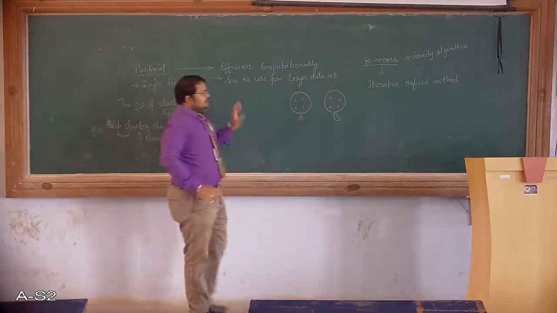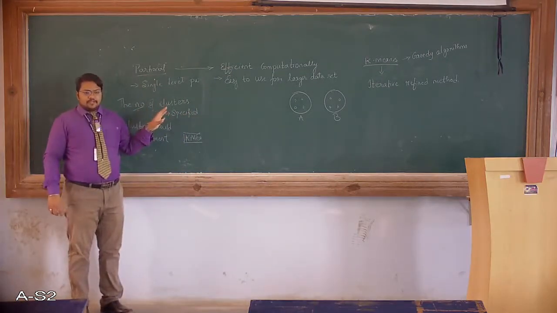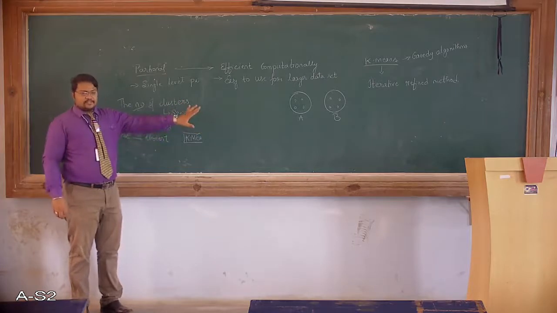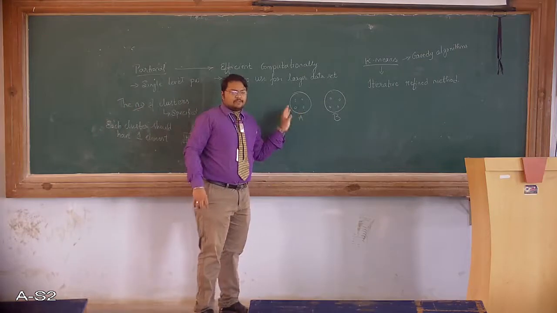So now this partitional method, this is for explanatory purpose itself. We are not going exactly into whatever cluster it is there. This diagram I have just put for the explanation purpose and for your better understanding.